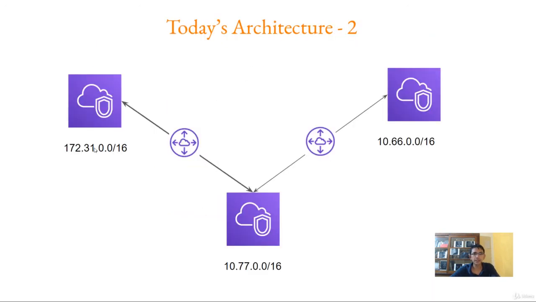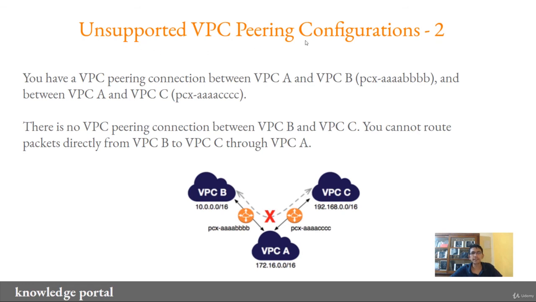In order to establish a peering connection, the VPCs need to have different CIDR blocks which are not overlapping. The second unsupported VPC peering configuration is something that we just discussed about transit VPC, where from VPC B you cannot communicate to VPC C via the route of VPC A. This is something that we have already discussed.